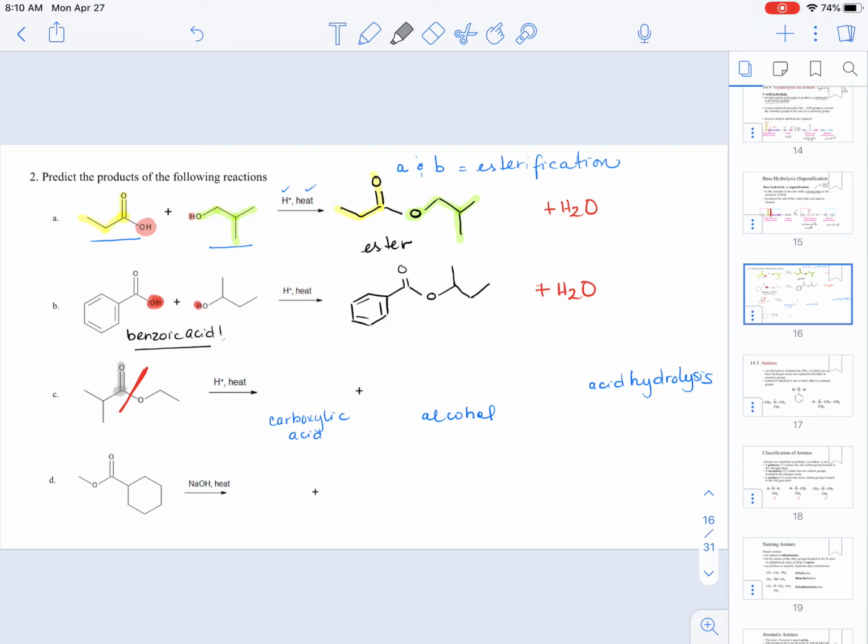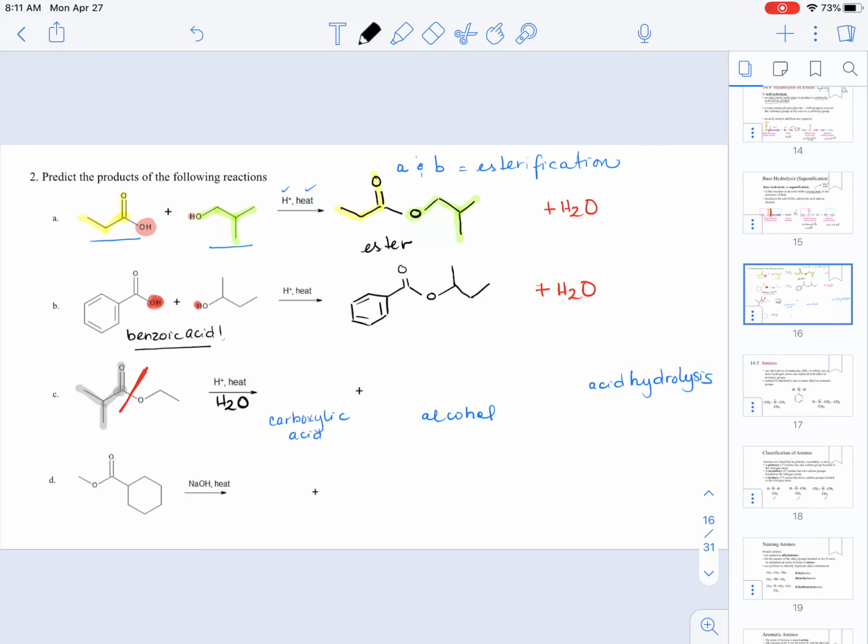which I highlighted in gray, that portion of the molecule is going to receive the OH group. Please note that here we also have water doing the reaction, so make sure that you write in the water.